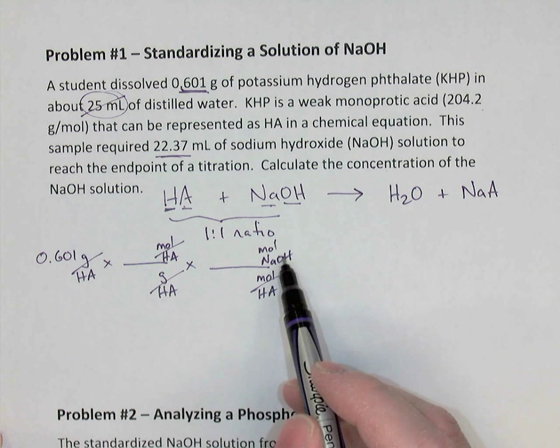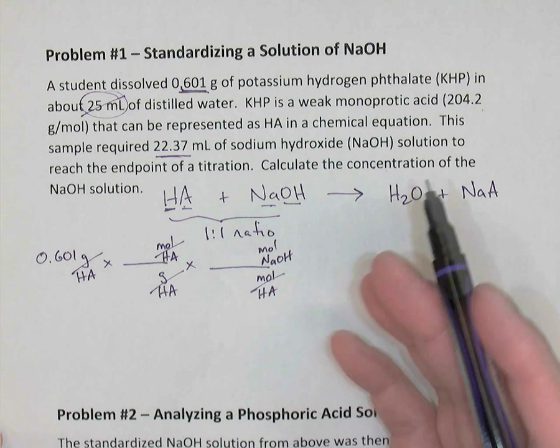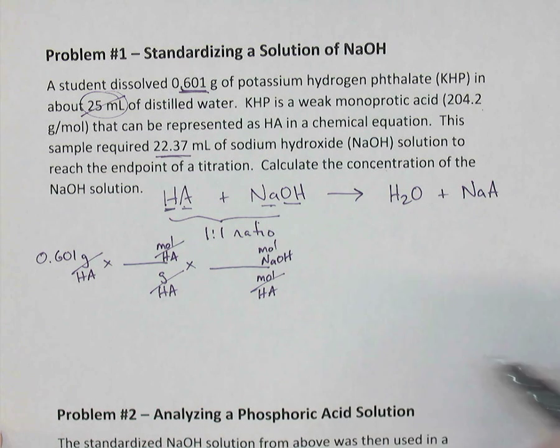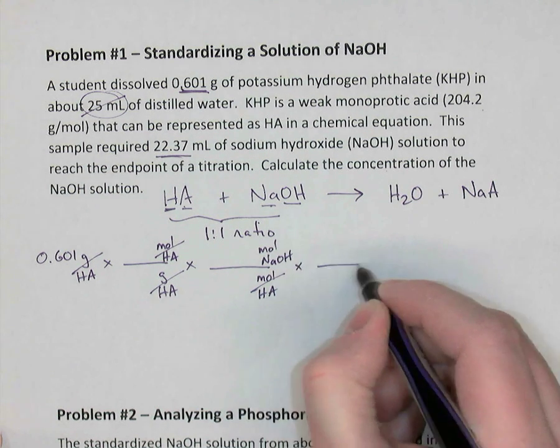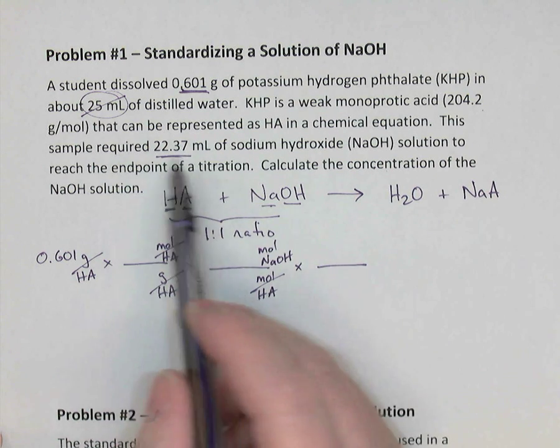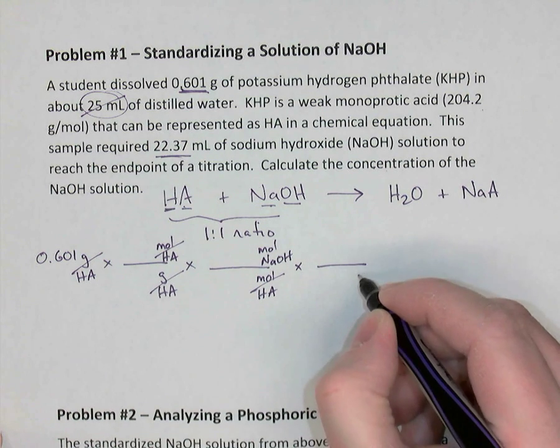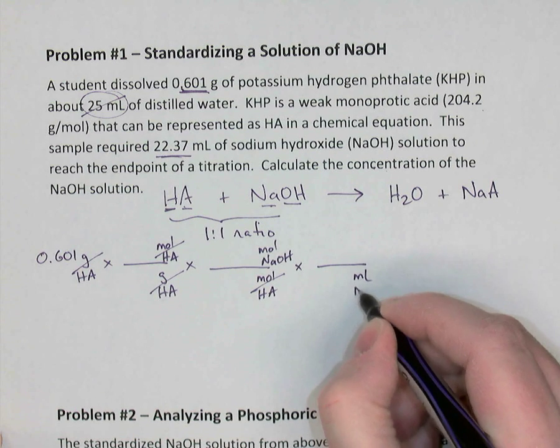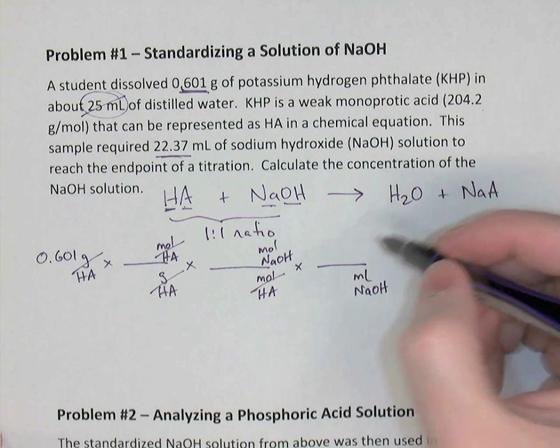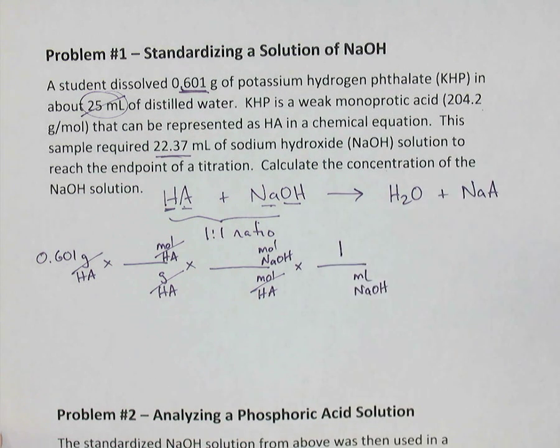We have the moles of sodium hydroxide. How do you go from moles to molarity? Well, the answer is you divide by the volume. So the volume here is 22.37 milliliters, so I'll just divide by the milliliters of sodium hydroxide. Since I'm just dividing, I'll just put a 1 on top as a placeholder.